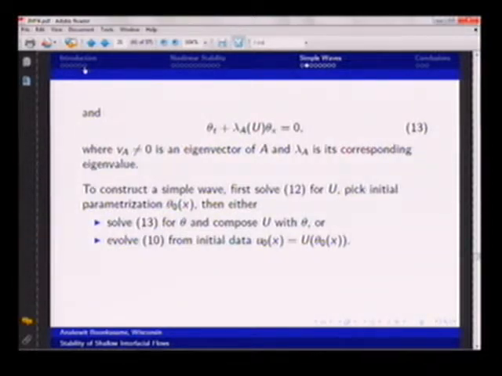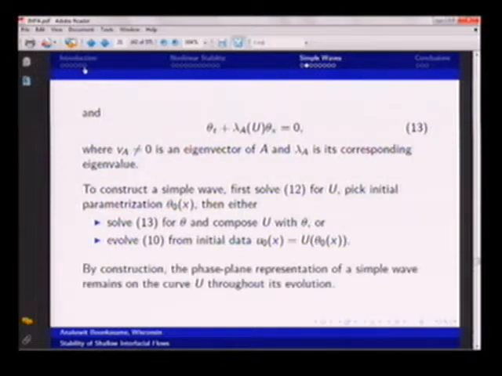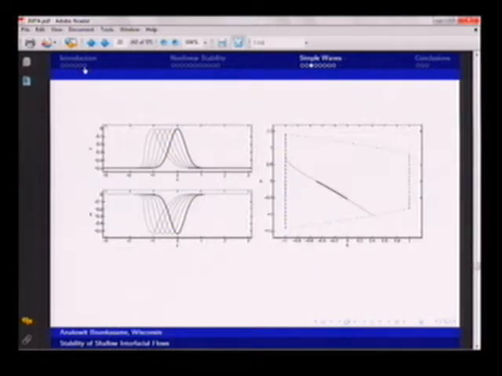Whatever you do, either way, by construction, you should see that the phase plane representation of the simple waves always remains on the curve u. And I have an example to convince you. I construct a curve u right here. It's kind of thin here. I put my initial data on that curve u.